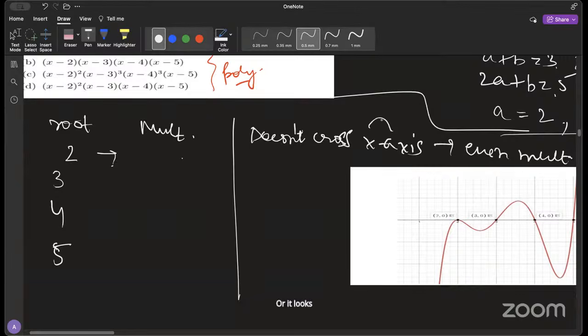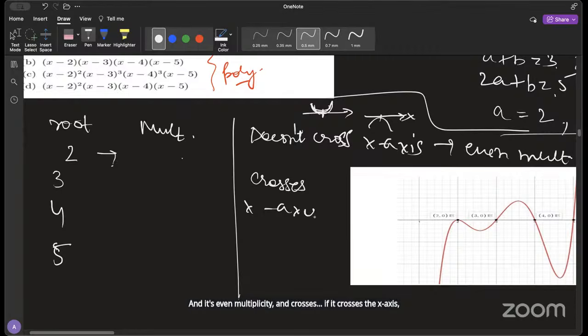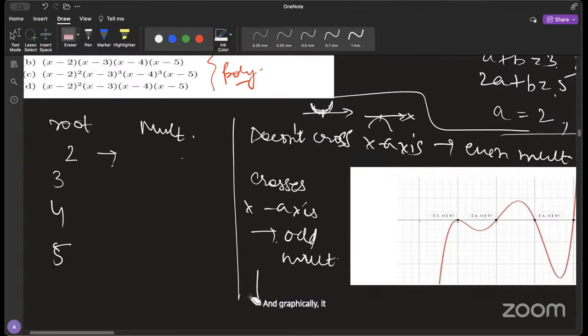If it looks like this, touching the x-axis and then going back, then it's even multiplicity. And if it crosses the x-axis, this means odd multiplicity. Graphically, if this is your x-axis and the root is here, then it should cross this way.